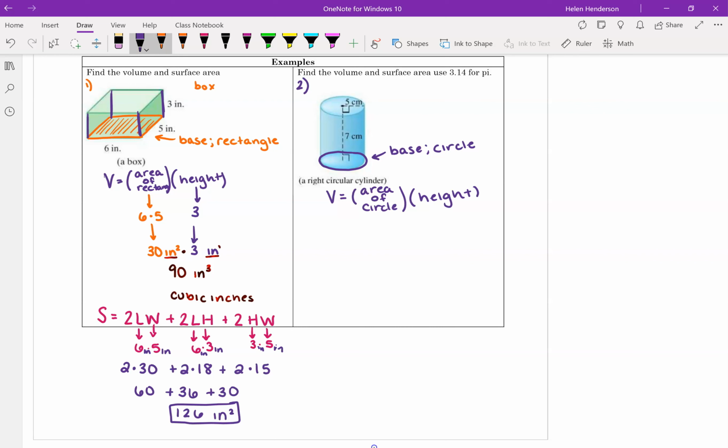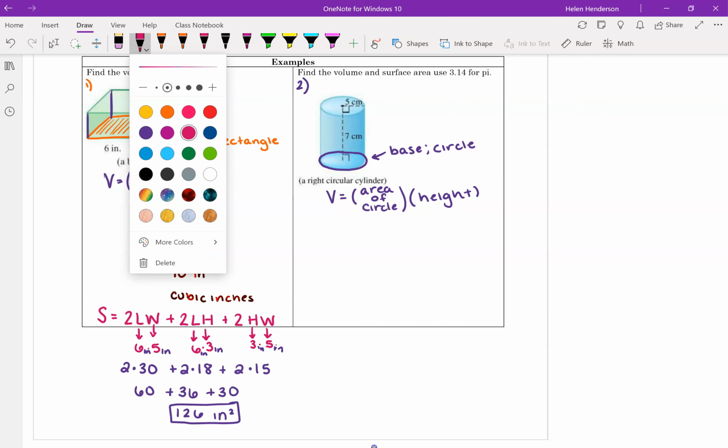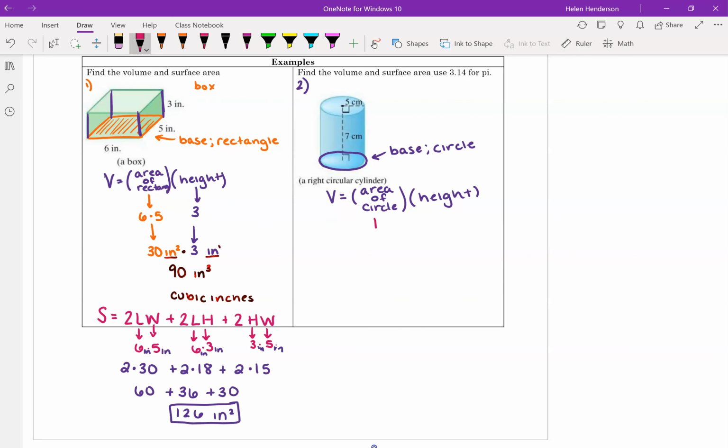So you have to go back and think about what was the area of a circle. That was pi r squared. And here they tell you r is 5 centimeters, and they tell you to use 3.14 for pi.